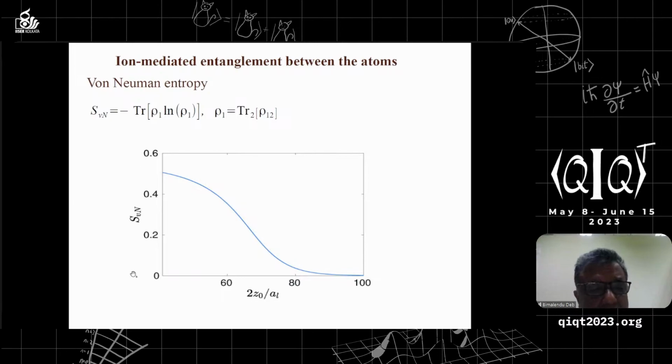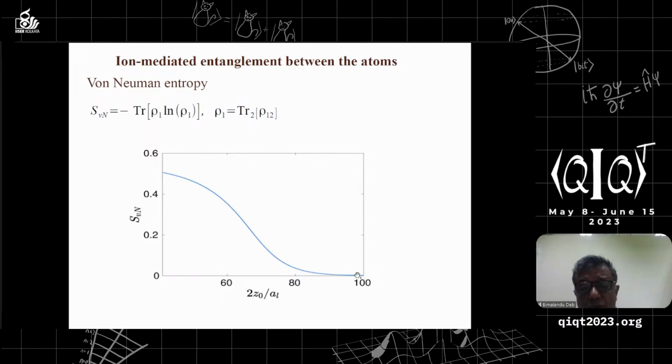So we see that when we plot this von Neumann entropy as a function of the separation between the two atomic trap centers to Z0, this is 40, 60, 80. It is quite significant, this entanglement.